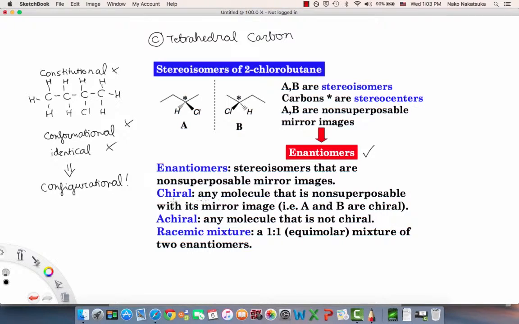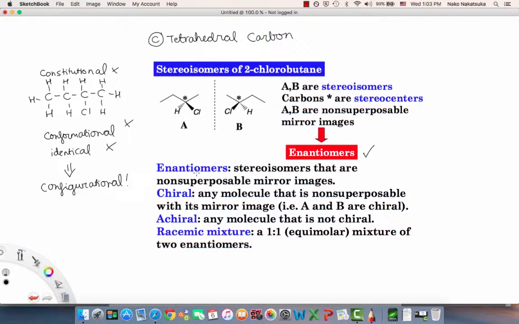And so now we're going to introduce the term chiral, which is any molecule that is non-superposable with its mirror image. And so, for example, A and B are chiral. And this center right here, also known as a stereocenter, is also often called a chiral center. And so you can call it either one of those. Achiral, on the other hand, is any molecule that is not chiral.